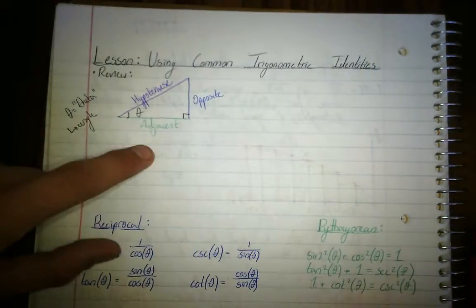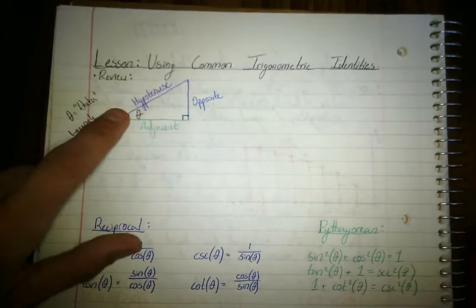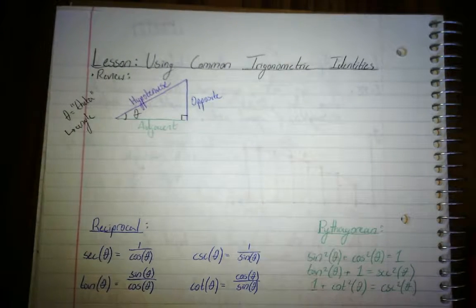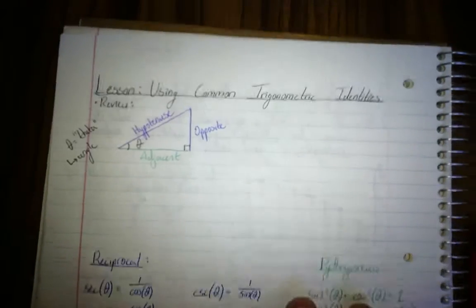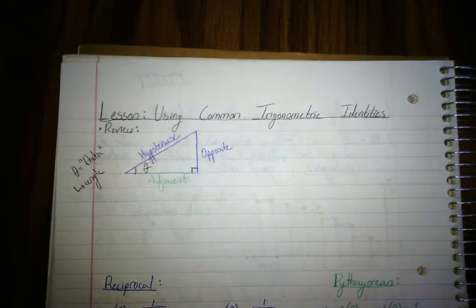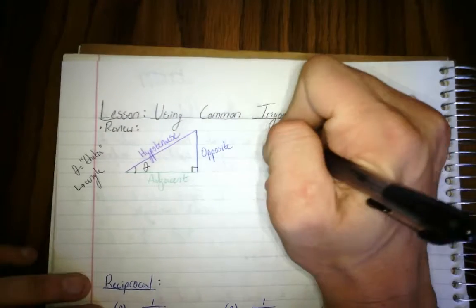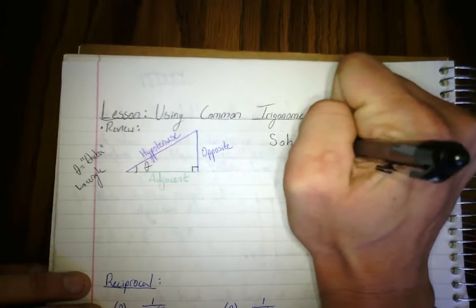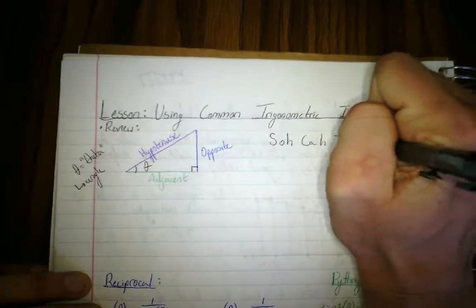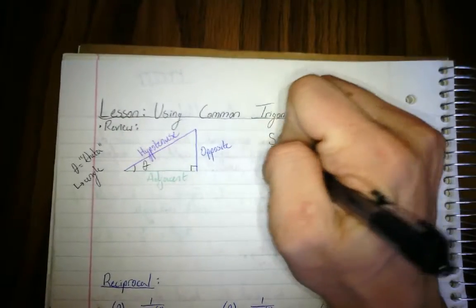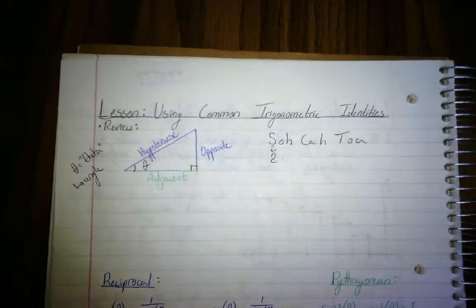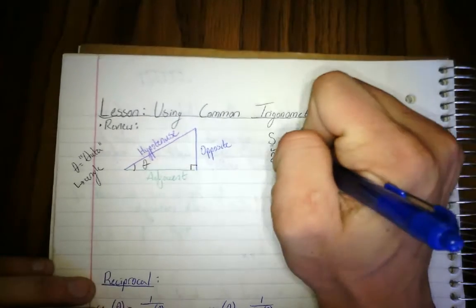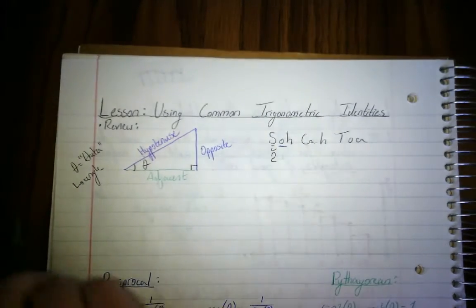So if we have our adjacent side, our opposite side, and our hypotenuse, then we can actually talk about these in terms of some really well-known, or what should be some pretty familiar functions. So we know SOH-CAH-TOA really helps us out in this case, which claims that the sine is going to be the ratio of our opposite side and our hypotenuse.